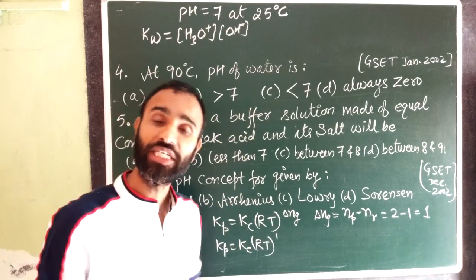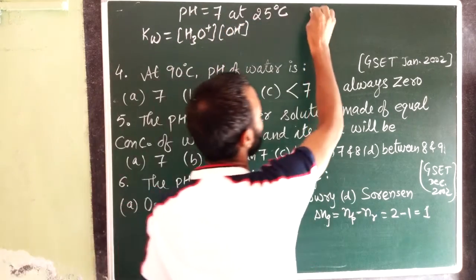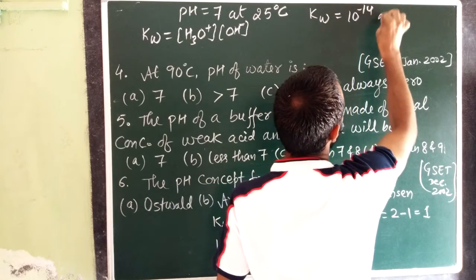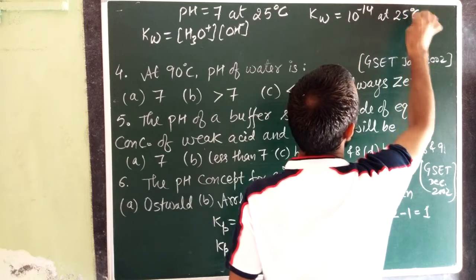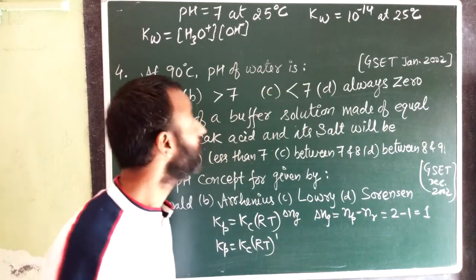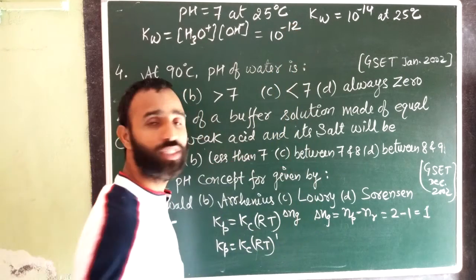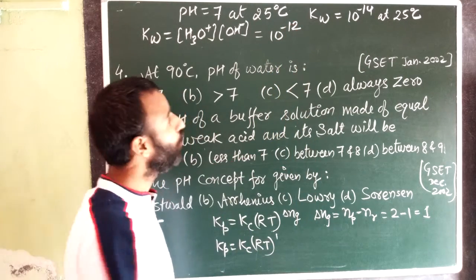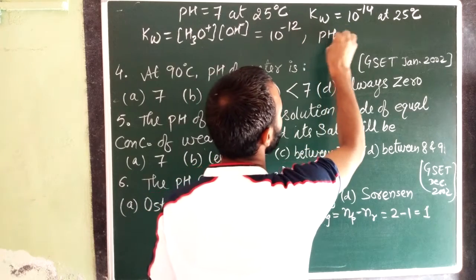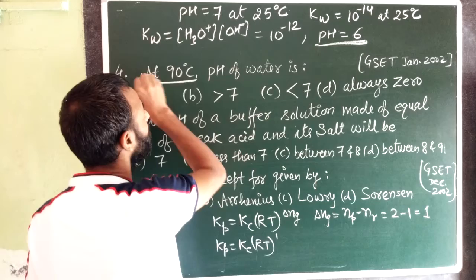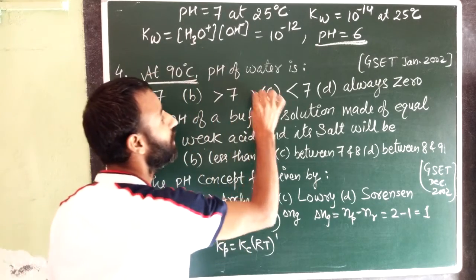So it increases. At 25 degrees Celsius, it is 10 raised to power minus 14. But when we increase the temperature, its value increases. It may be 10 raised to power minus 12. So in that case, pH comes out to be 6. But even at 90 degrees Celsius, now pH is less than 7.